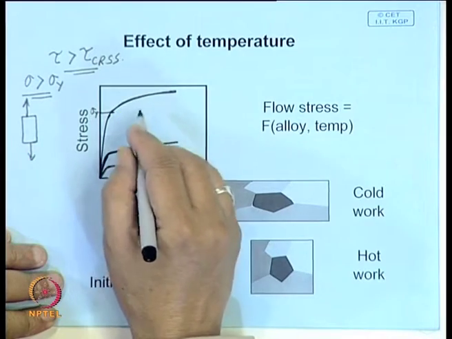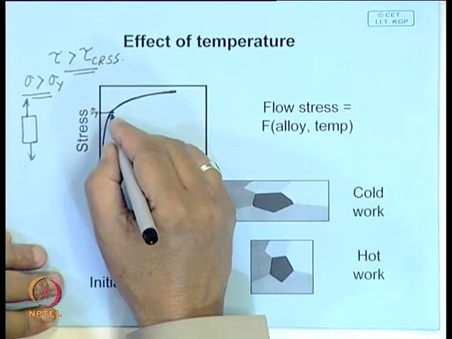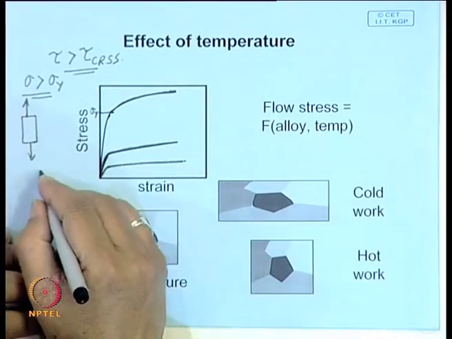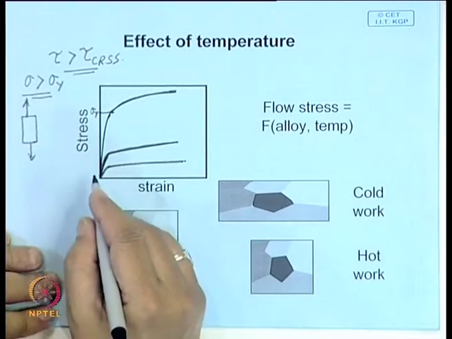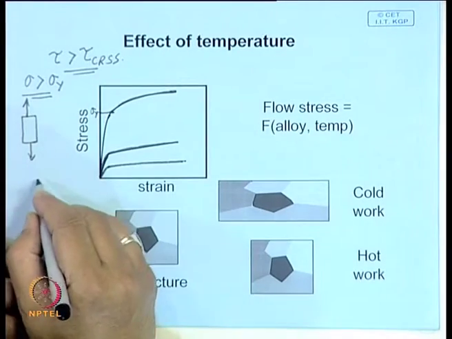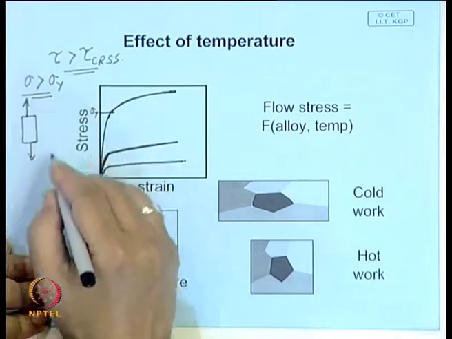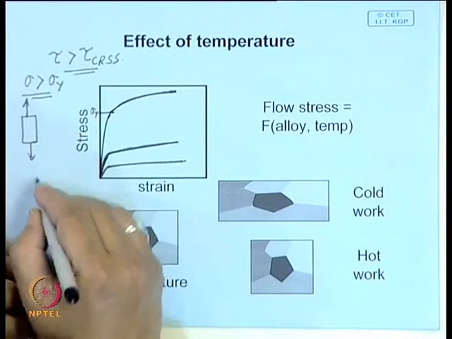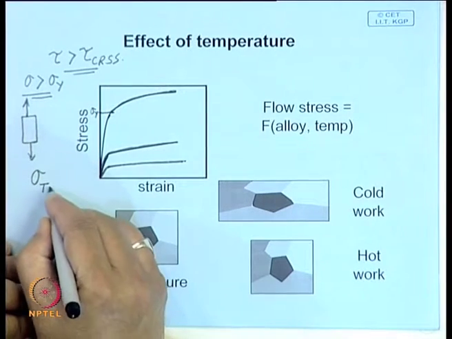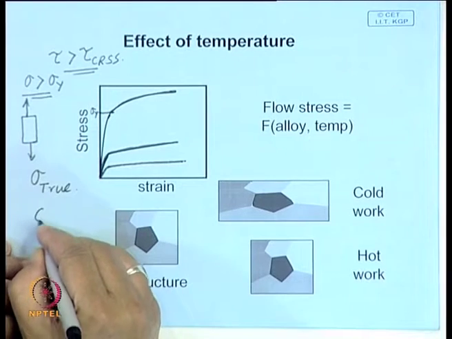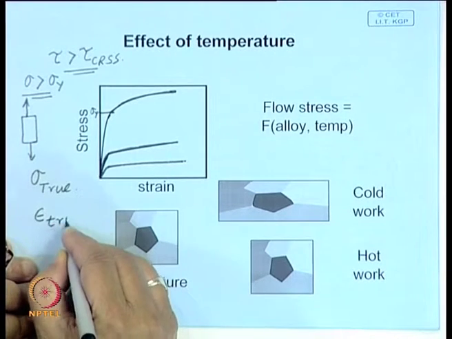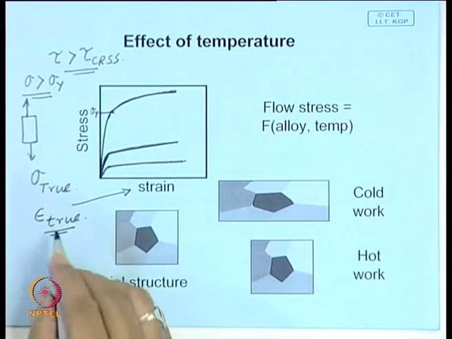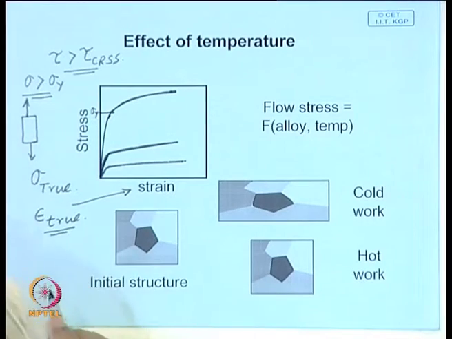And we know that the strain here will be better defined not as engineering strain, but as true strain. So, for metal working we often deal with true stress. This stress sigma is true stress and this strain epsilon is true strain, and these were defined in an earlier lecture.